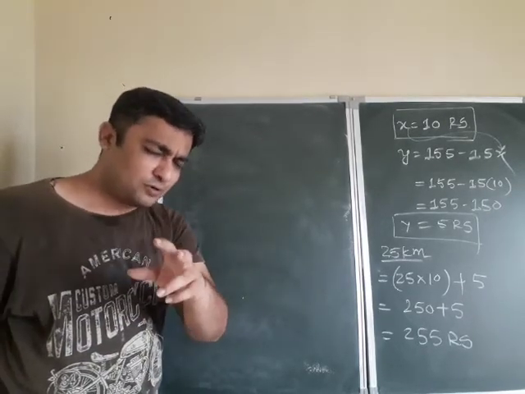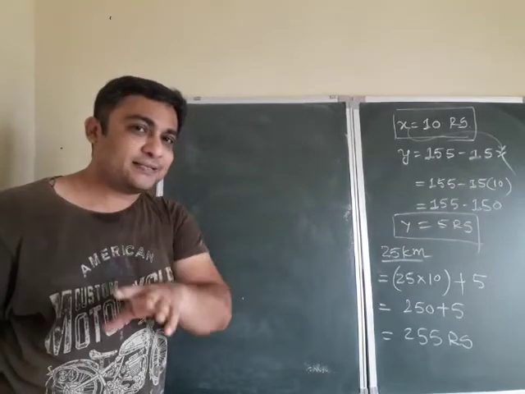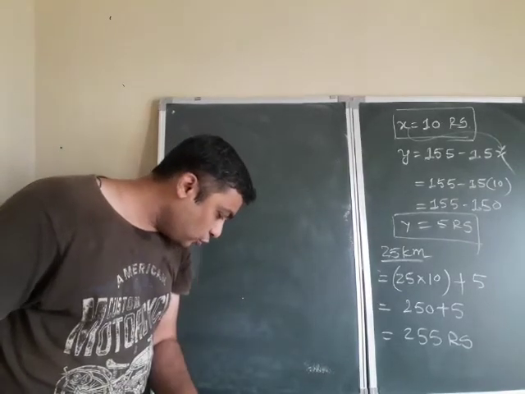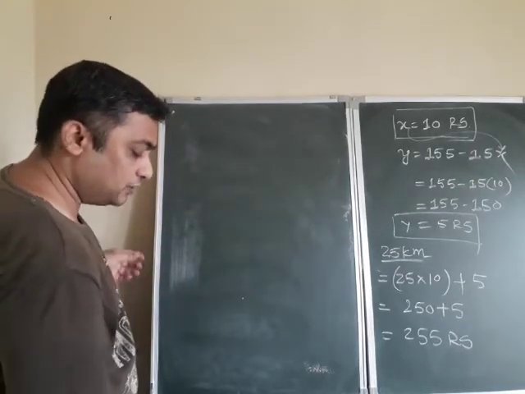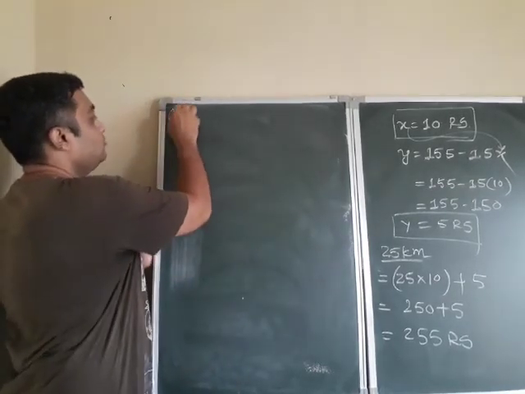So what should we assume? Their present age. Whose present age? Mr. Jacob's and his son's. So let me assume their ages.